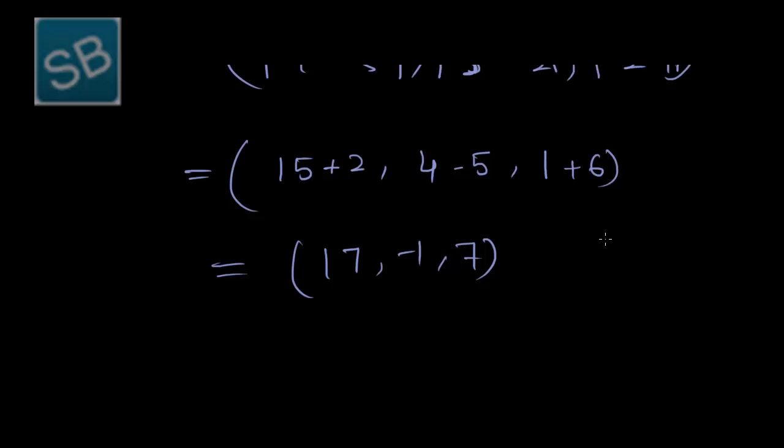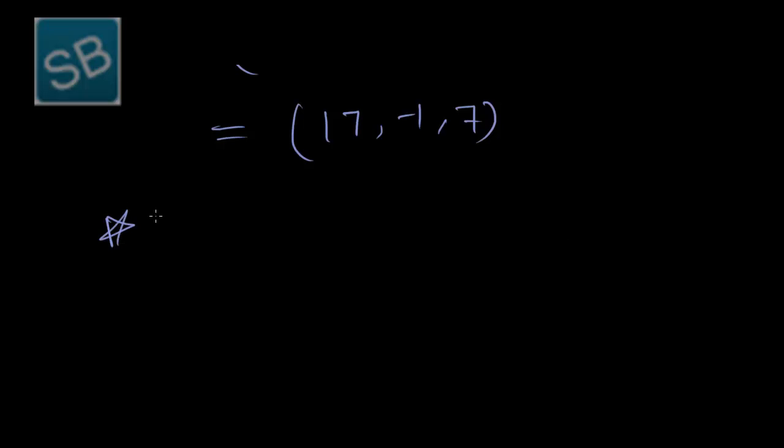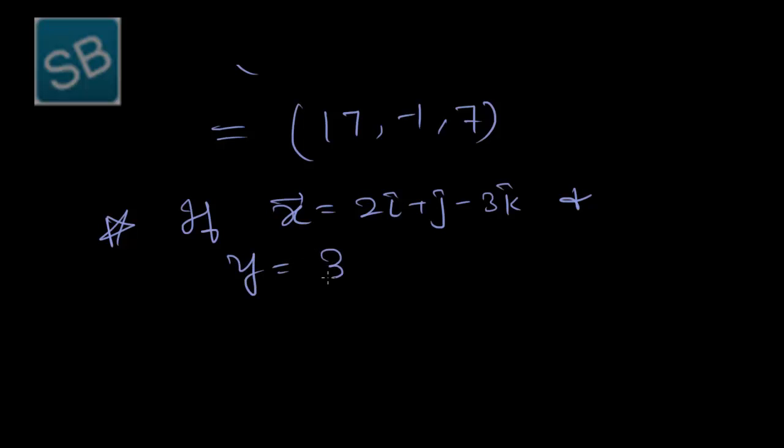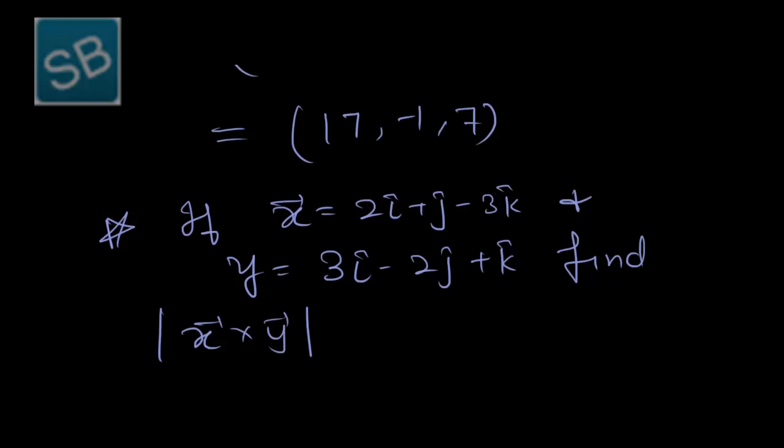Now the second one: if vector x is equal to 2i plus j minus 3k and vector y is equal to 3i minus 2j plus k, find the modulus of vector x cross y.